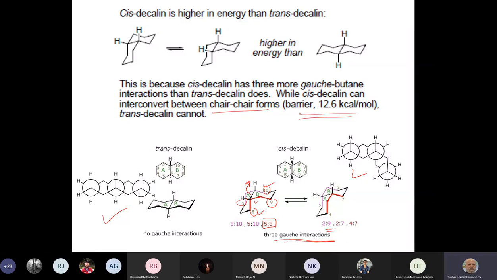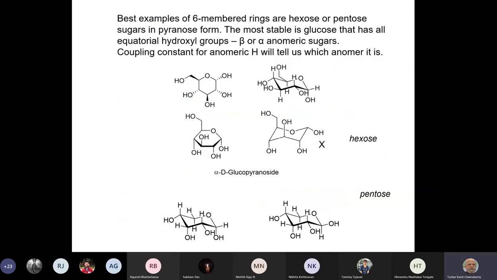Now, one of the most important things for 6-membered rings is like our examples, the hexoses or pentose sugars in the pyranose form. So when we write a glucose, glucose can be written, what you have learned so far, writing like this, hydroxyl groups and so on.